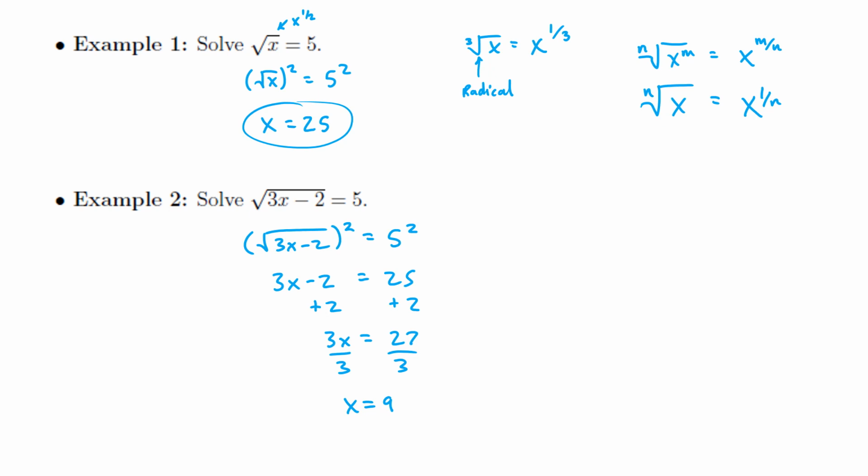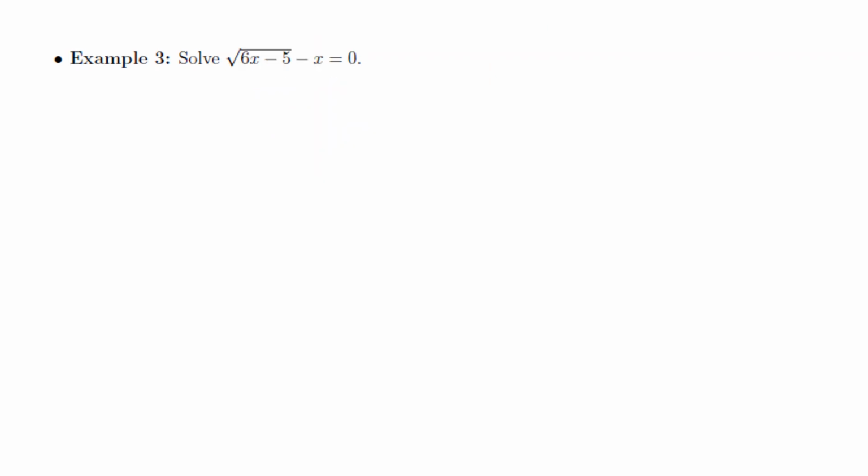If I were to try to square multiple terms, including a square root and other terms, then you're going to have to multiply out in a more complicated way, like maybe foiling or something like that. So our first step should always be to get that square root by itself. So we don't even want to consider squaring both sides until that's isolated.